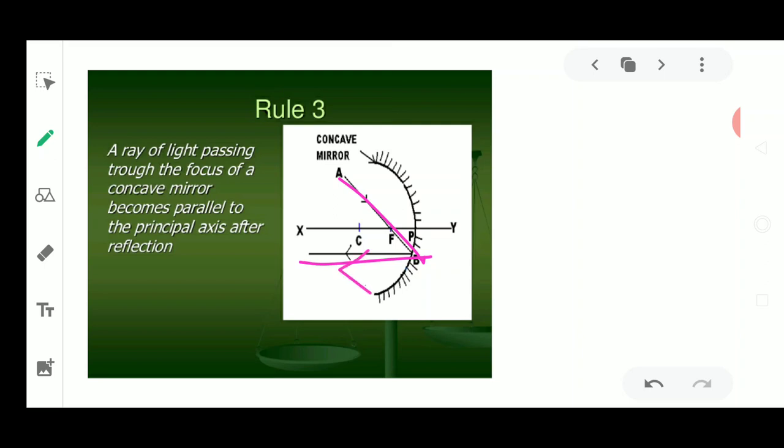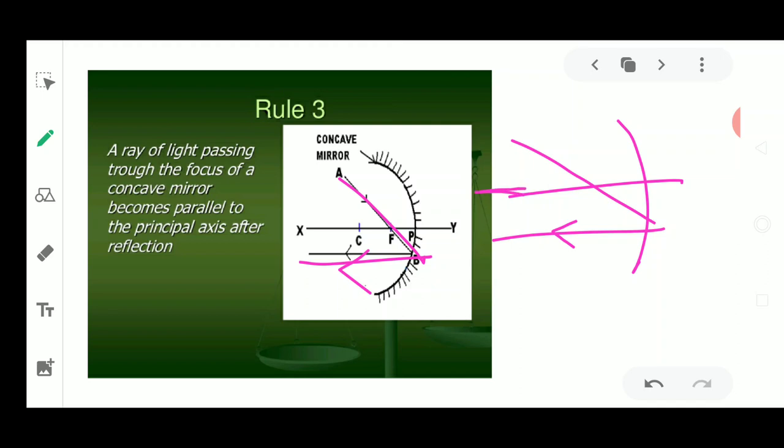So the reflected ray is always parallel to the principal axis. This is the reverse of the first rule, where it was told that whenever a ray of light is parallel to the principal axis, it passes from the focus. Now this is vice versa: if the ray of light is passing from the focus, it always returns back parallel to the principal axis.